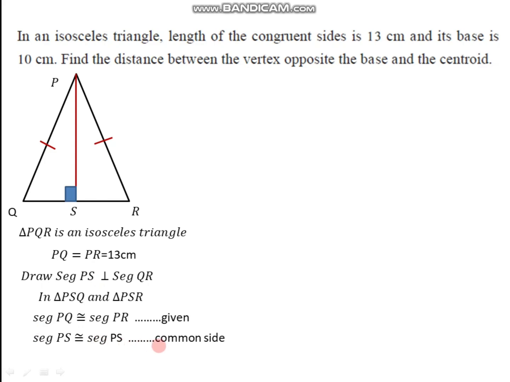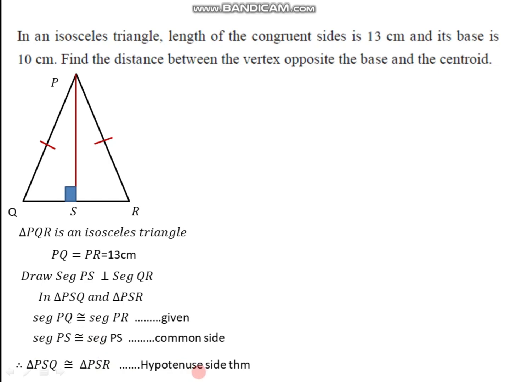In the diagram, PQ and PR are the hypotenuses and PS is one side of these triangles. That's why these two triangles must be congruent by the hypotenuse side theorem. That is, triangle PSQ is congruent to triangle PSR by the hypotenuse side theorem.